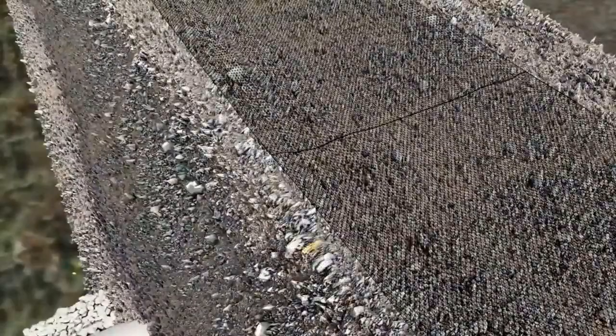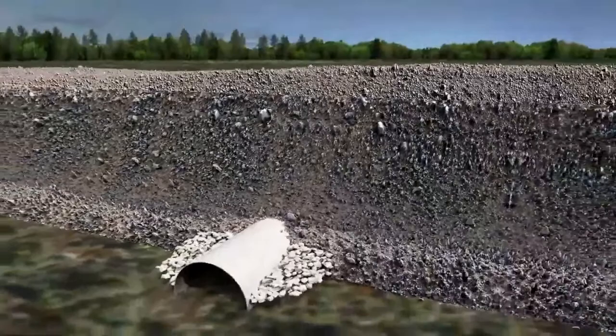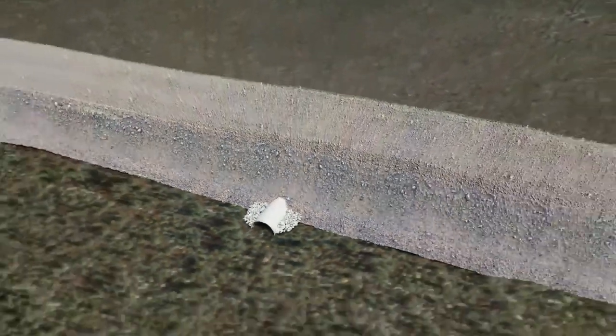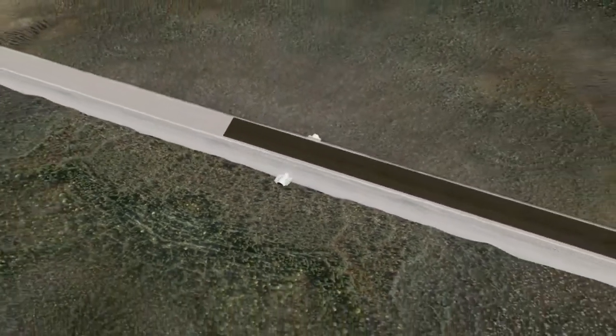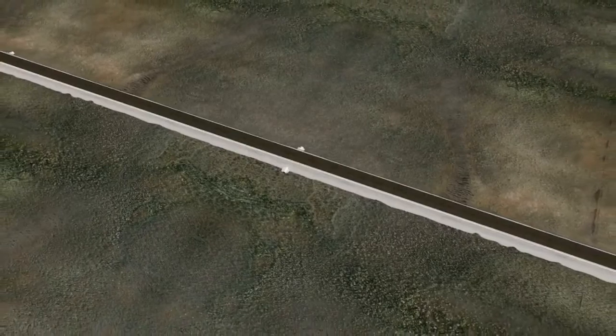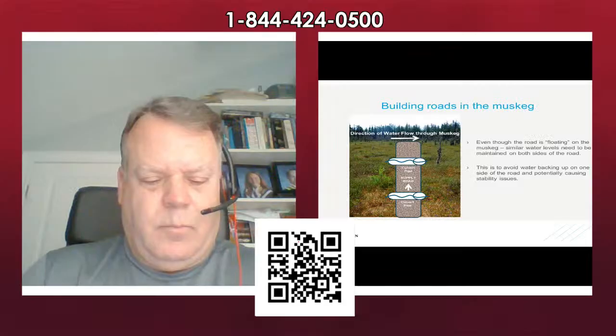In addition, culverts will be placed as needed to allow drainage to go back and forth, surface water drainage. Subsurface or groundwater will continue to flow naturally as the road shouldn't impede the flow. And there's the final road topping there, and that is how we will construct the road.